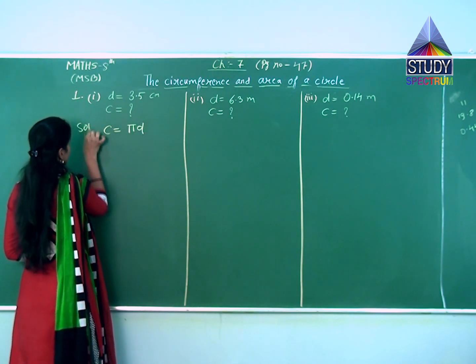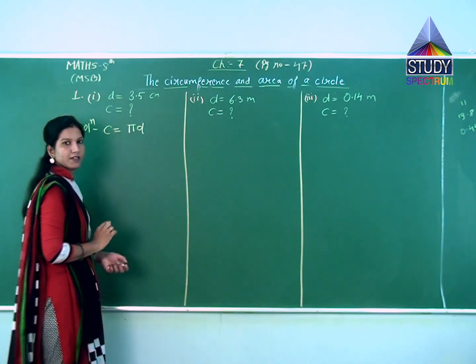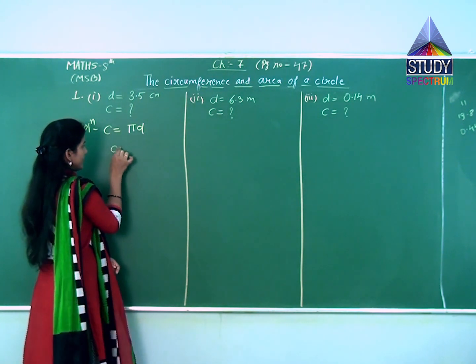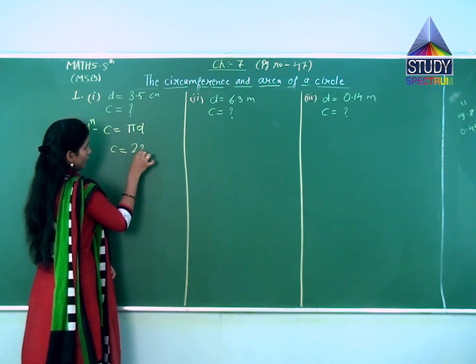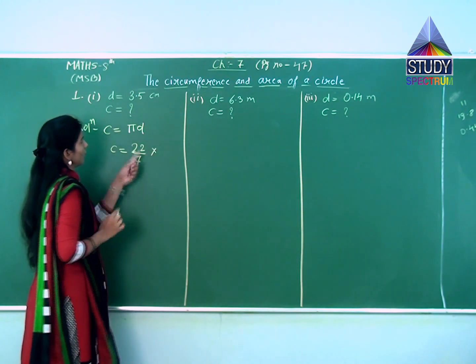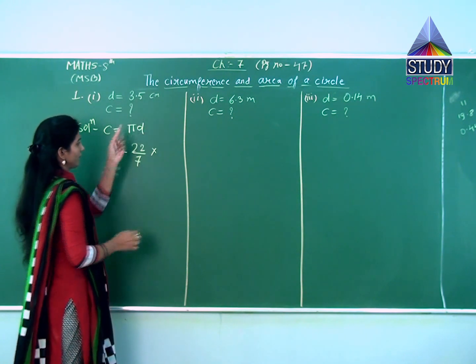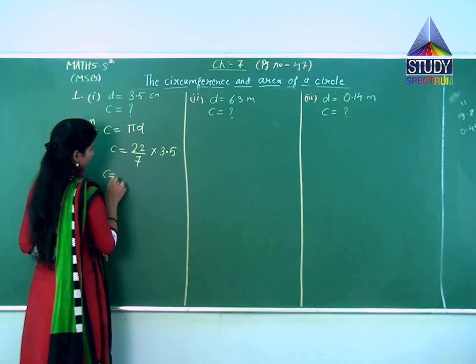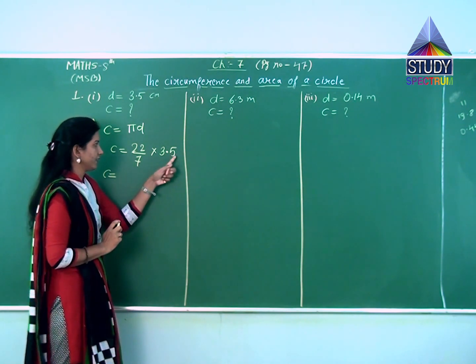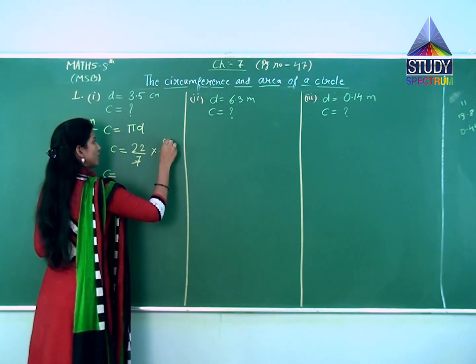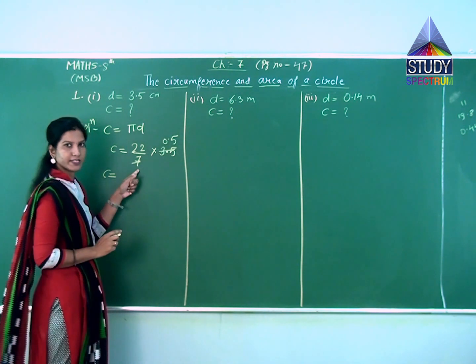In our solution, we will start with C is equal to pi d. Then C is pi, 22 by 7, into, what is d? 3.5. Now C is equal to, we can divide 3.5 by 7. It is 0.5 times of 7.